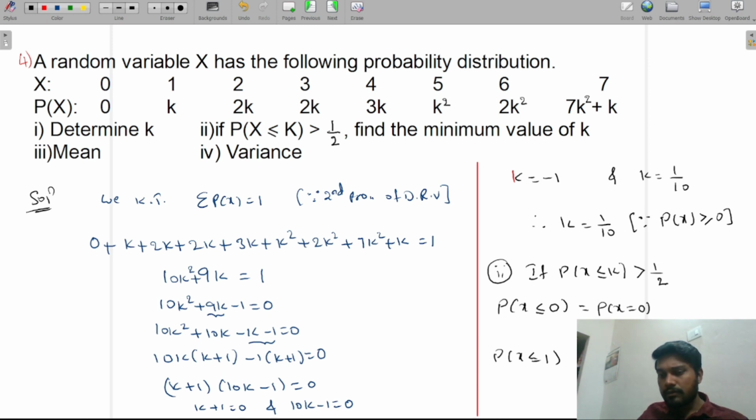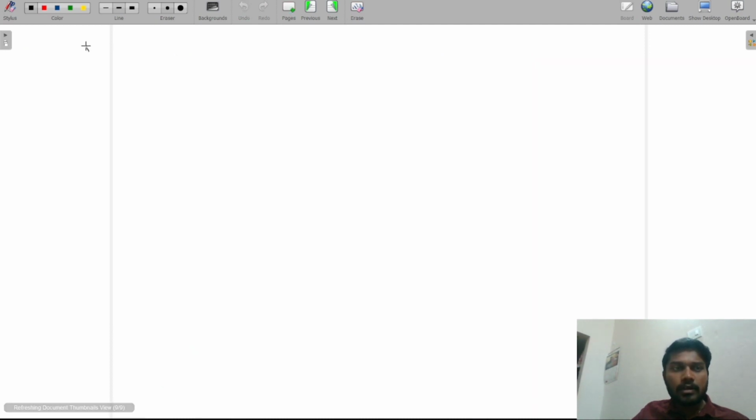So what is the value of k in my question? 1/10. 1/10 means 0.1, right? So I'm going to the next page. So here I got P(X ≤ 1), value 0.1. I got the value. Yes.